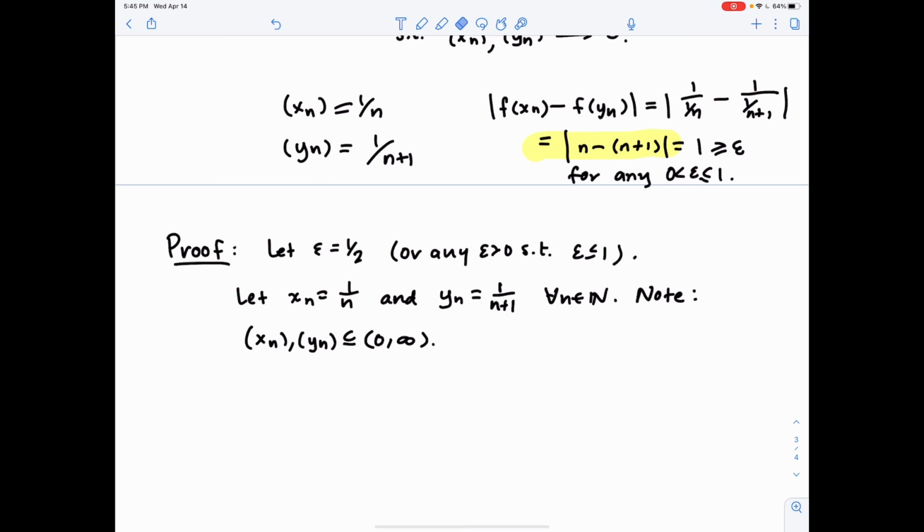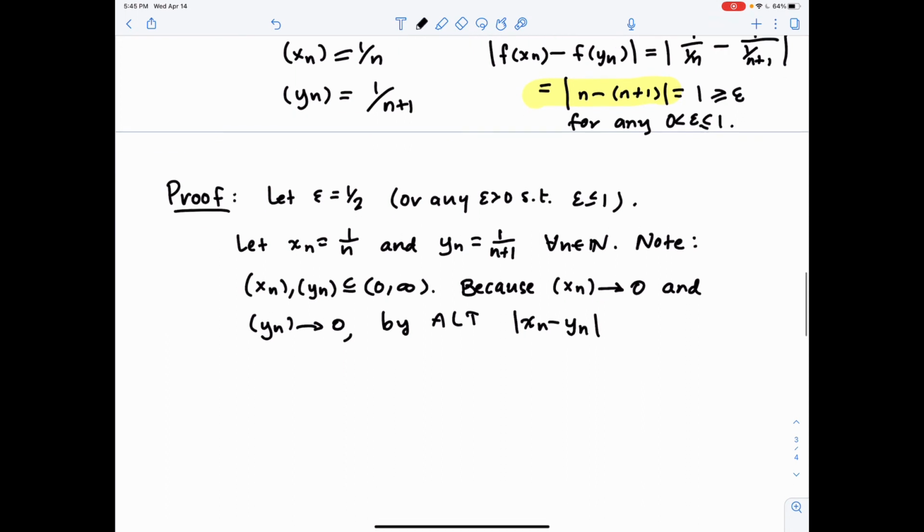And then because xn goes to 0 and yn goes to 0, by the ALT, if I look at xn minus yn, their difference in absolute value, that's going to have to go to 0 minus 0, which is 0.